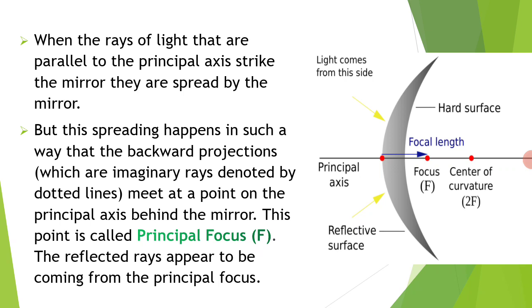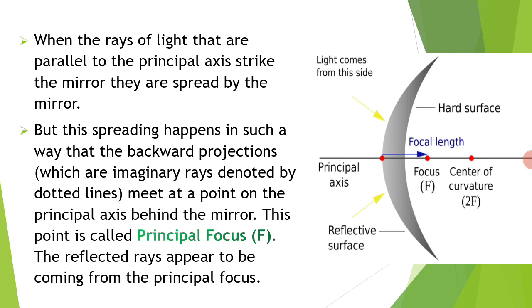As we know, the convex mirror always separates the light, but this separating happens in such a way that the backward projections, which are imaginary rays denoted by dotted lines, meet at a point on the principal axis behind the mirror. This point is called the principal focus and it is represented by a capital F.